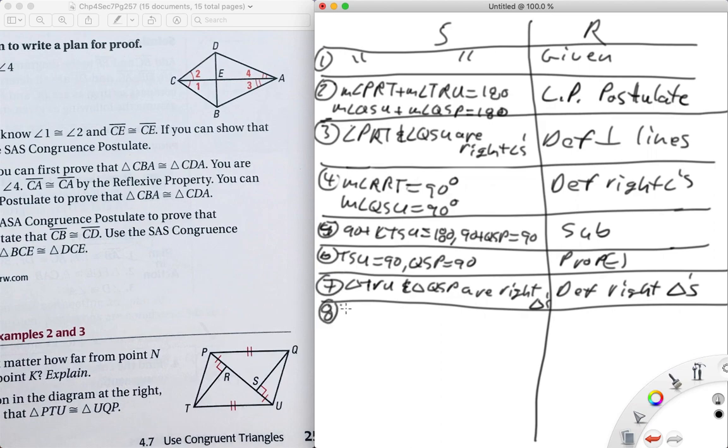Alright, so then I can say that PR is equal to SU, definition of congruency.